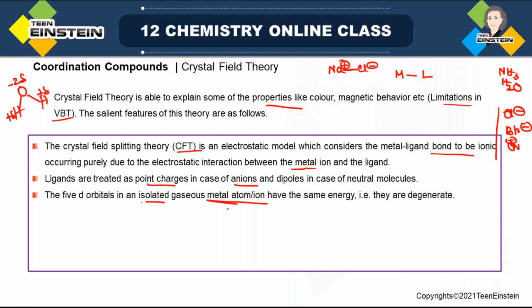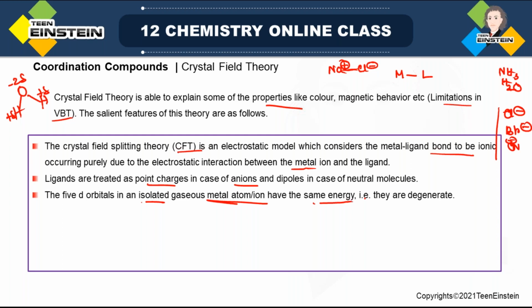So when it is in isolated state, irrespective of whether any oxidation state is present or not, all these 5 d orbitals will have the same energy, and the specific term we use for same energy is degenerate. So we can say that the 5 d orbitals of the metal, when they are not interacting with ligands, that is, they are in isolated state, are all degenerate, that means having the same energy.